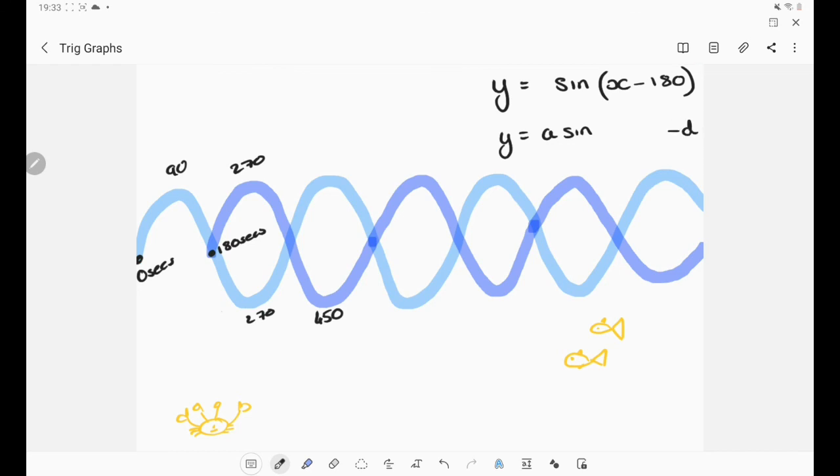So you'd still have the same size, but it would be shifted up or down. You can change the frequency. You can change how many of them there are in a space, and that goes in front of the x, or you can shift where your wave starts. And these are the 4 different things you can do that would still leave you with a sine wave.